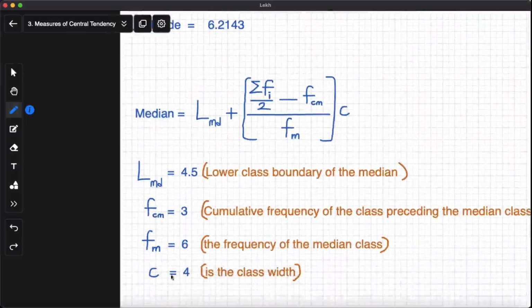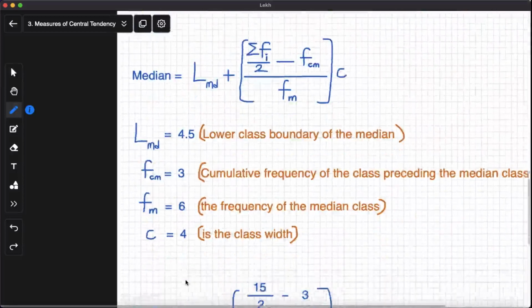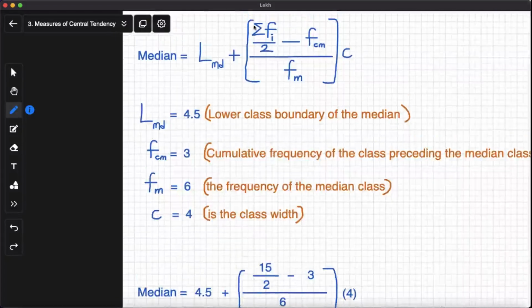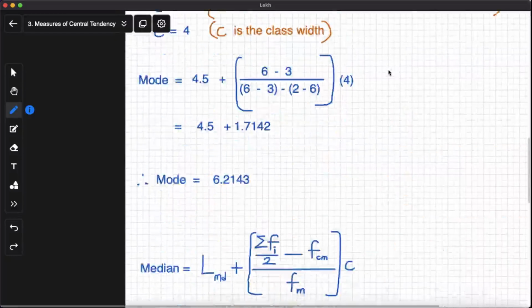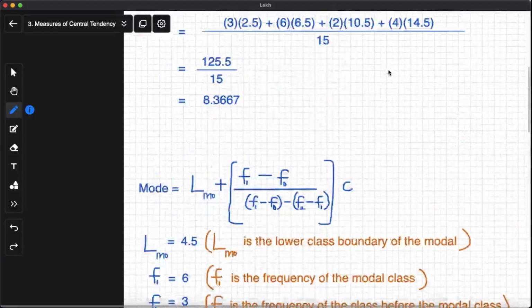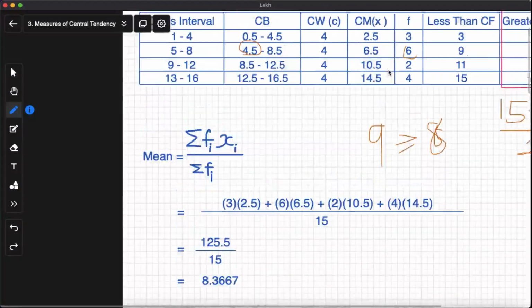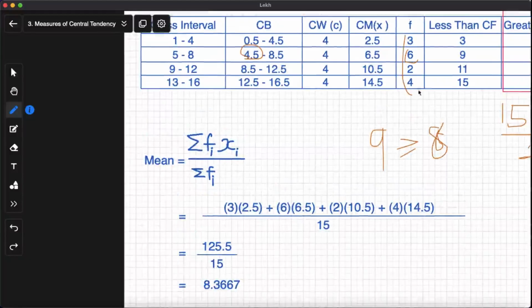When we substitute everything here, you may ask, what's the meaning of summation FI? It means add all the frequencies you have. So look at this again. If you add everything here, you get 15. That's the meaning of the summation FI.